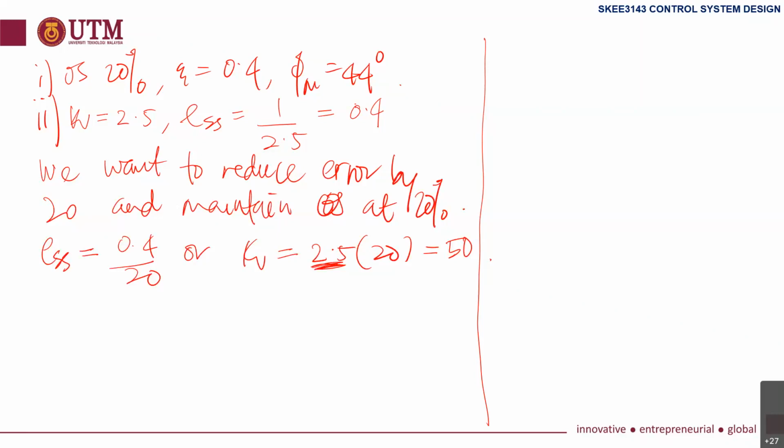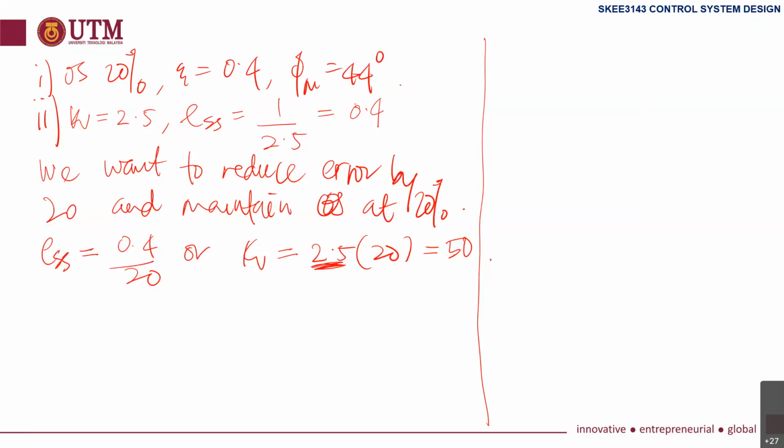We want our Kv to increase from 2.5 to 50. So how do we do it?